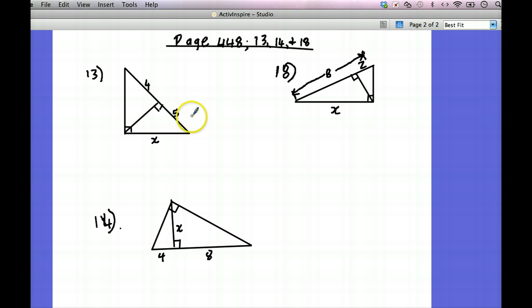Here's number 13. We want to find x, which is one of the legs of the overall triangle. They give us this segment of the hypotenuse and the other. So we have to determine which formula to use. I'll just rewrite them here for convenience.